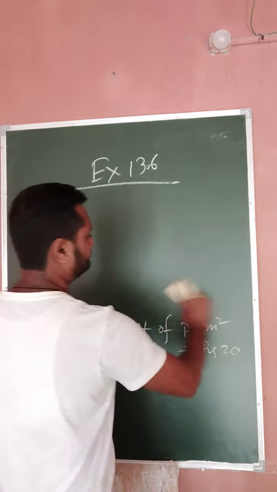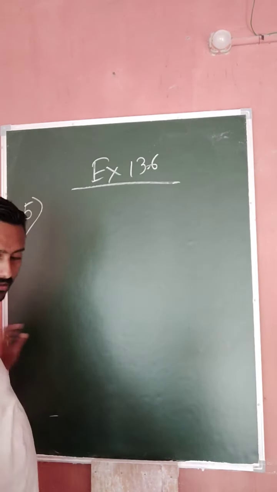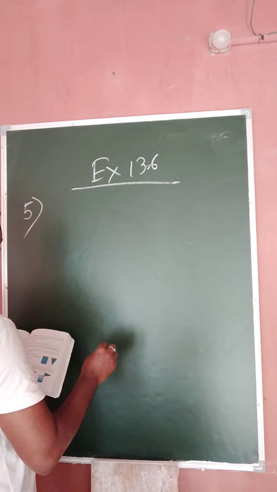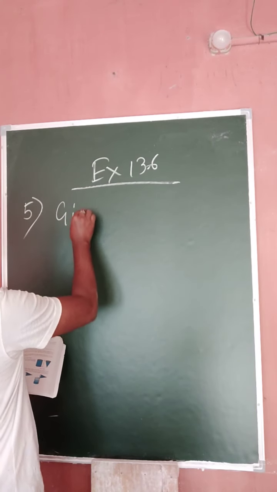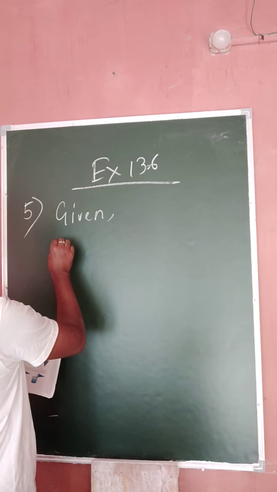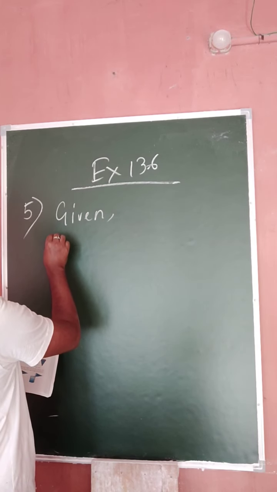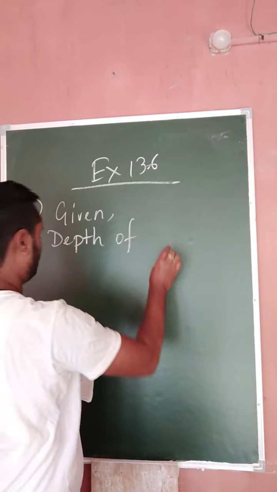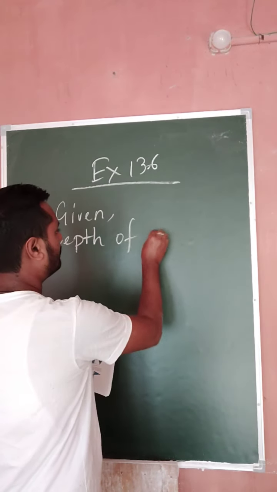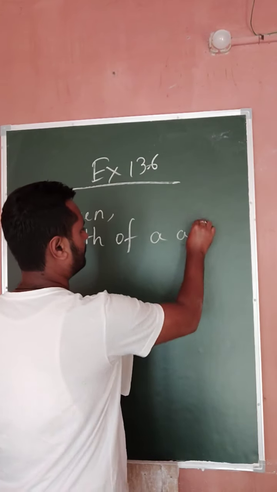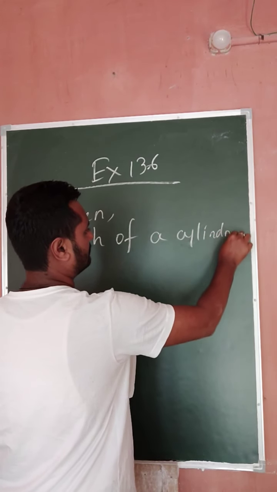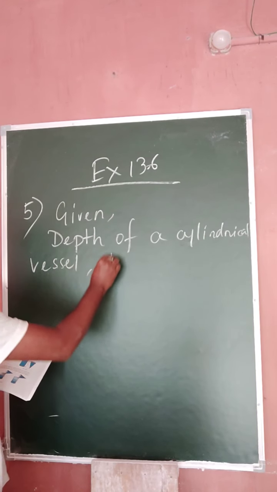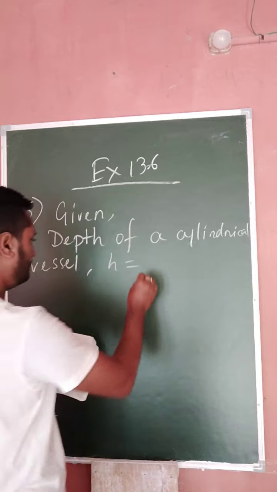At first write the given things. Depth of a cylindrical vessel, you can write h, which is 10 meter.